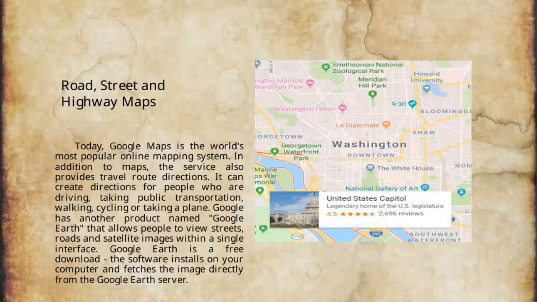Today, Google Maps is the world's most popular online mapping system. In addition to providing detailed maps, it also offers travel route directions. Whether you're driving, taking public transportation, walking, cycling, or even flying, Google Maps can create tailored directions for each mode of travel.